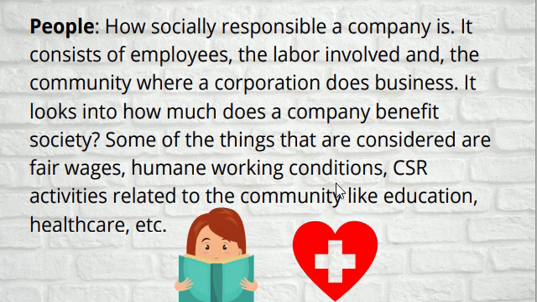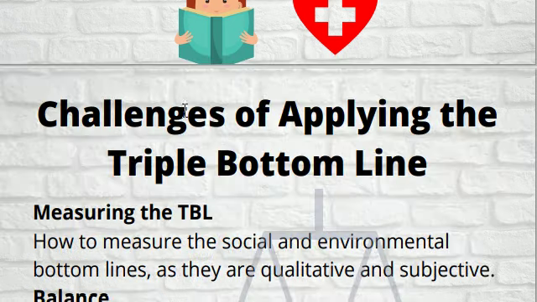Some of the things that can be considered when we talk about this parameter are fair wages, then humane working conditions, CSR activities related to education or healthcare. These are some things which benefit people, and hence tell how socially responsible a company is.